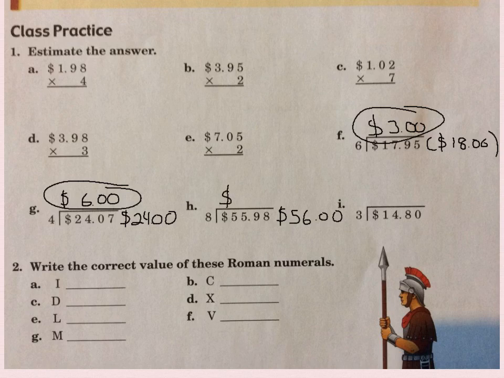So our answer is going to be $7. Okay, I, we have $14.80. That's about $15, close to it. And how many times will 3 go into $15? It'll be $5.